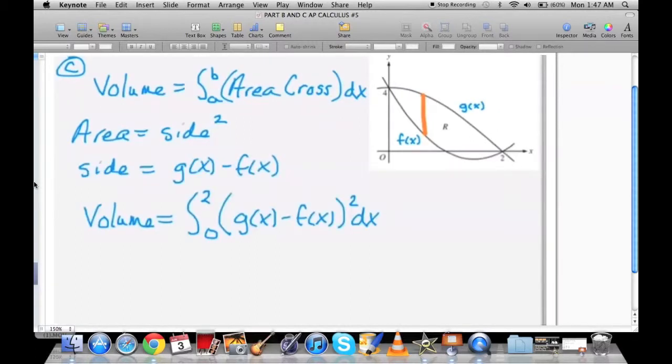Side would be g of x minus f of x. So the volume in our problem is integral 0 to 2 of (g of x minus f of x) squared dx. And once again, we don't have to evaluate, so we are done.